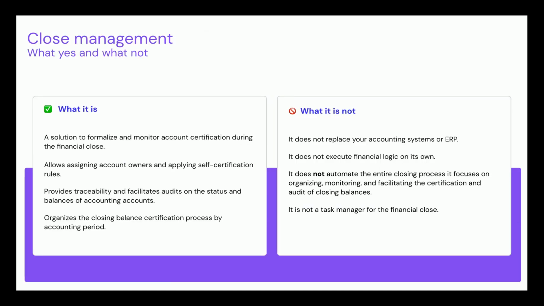It's important to emphasize what Close Management does and doesn't do. As mentioned earlier, our Close Management tool offers a solution to formalize and monitor the certification of balances during the financial close periods. It allows you to assign owners to accounts or groups of accounts, and to apply auto-certification rules. It helps maintain traceability and facilitates audit processes on account balances and specific close periods.